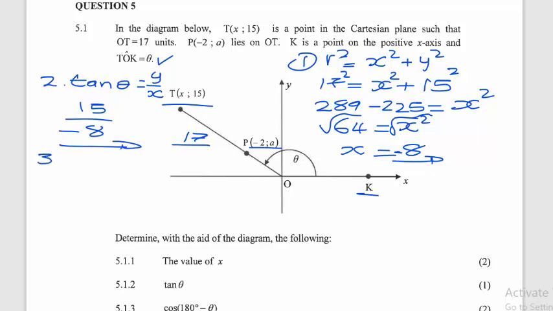So for number 3, let's look at what they need. Cos of 180 minus theta. So we'll write that down. And for this, we can also use a method that I know very well, which is the trig identity or the reduction formula.